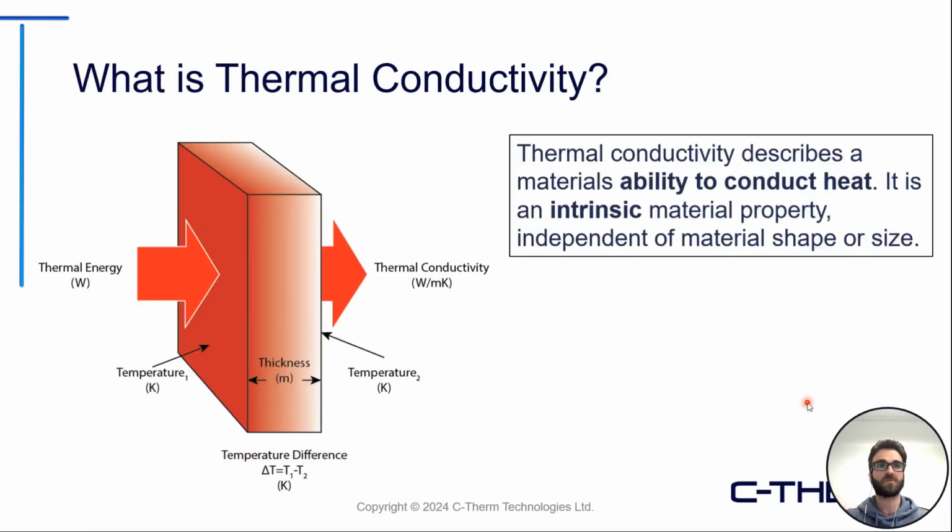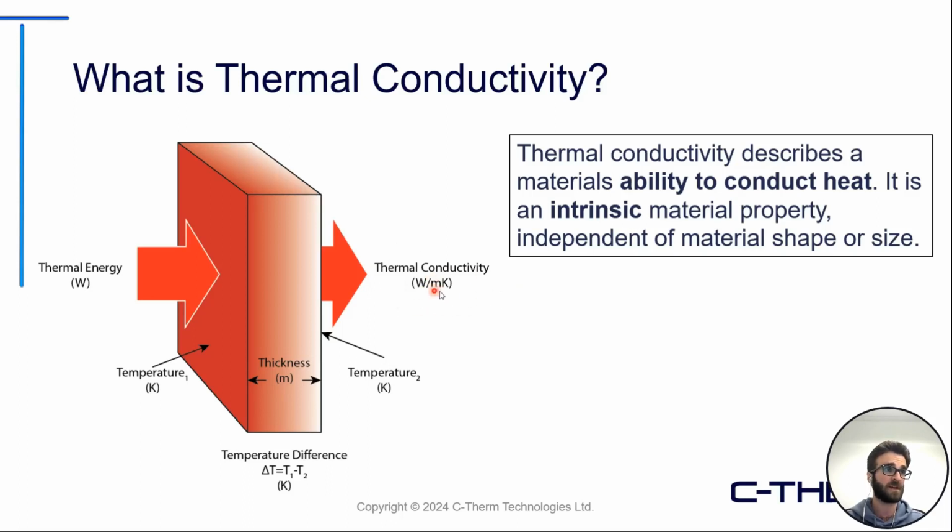So what is thermal conductivity? Again, this might be some basic review for many, but if you're new to the topic, thermal conductivity essentially describes a material's ability to conduct heat. This is an intrinsic material property, independent of material shape or size. We'll be referring to the units of thermal conductivity, watts per meter Kelvin, standard SI units.